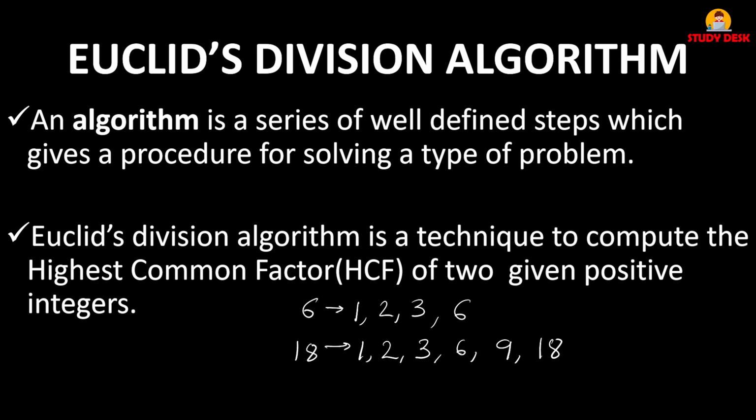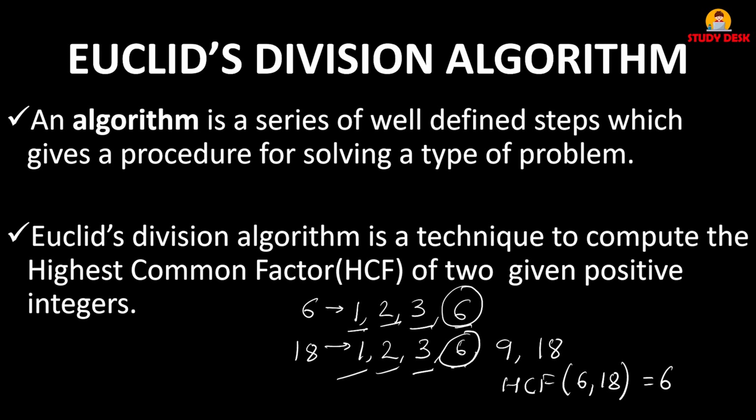Correct? Now, what are the common factors of both of them? 1, 2, 3 and 6. So, these are the common factors of 6 and 18. But among them, what is the highest common factor? 6. Right? So, 6 is the highest common factor of 6 and 18. We can write HCF of 6 and 18 is equal to 6.